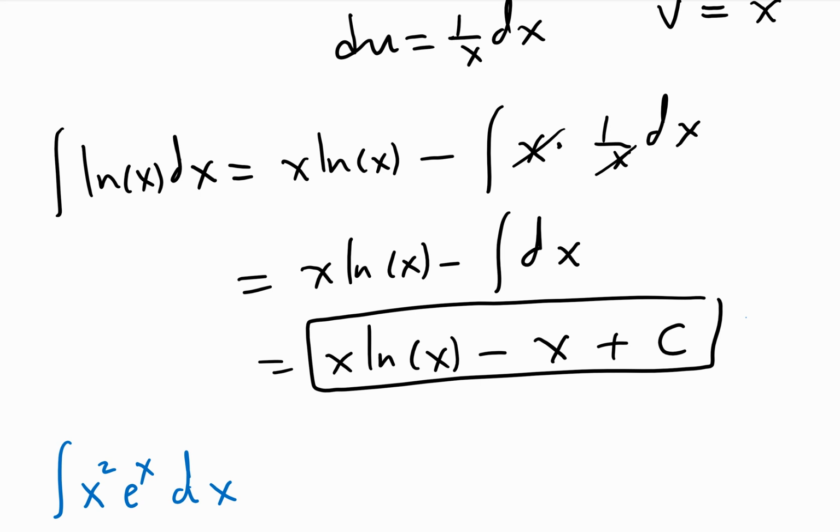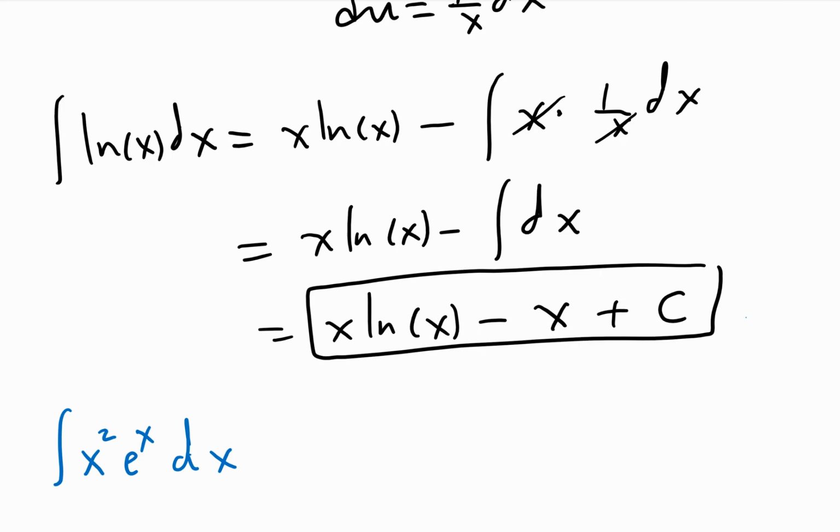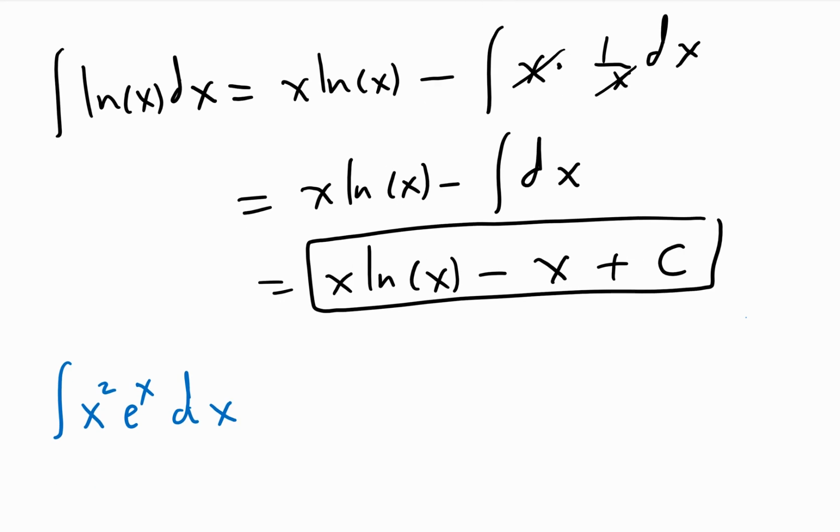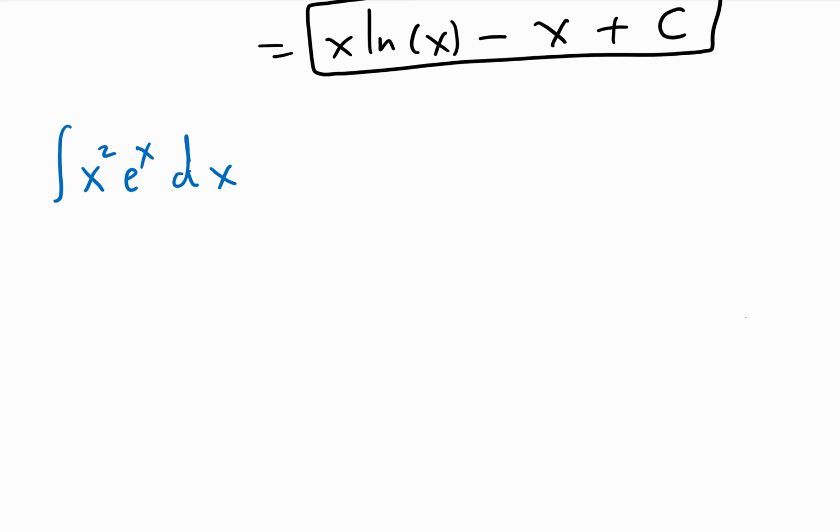I took the first example that we did, but now I change x into x squared. Here we have algebra and exponential. So we always take the algebra first before the exponential to be our u, and whatever is left, the dv, is e^x dx.